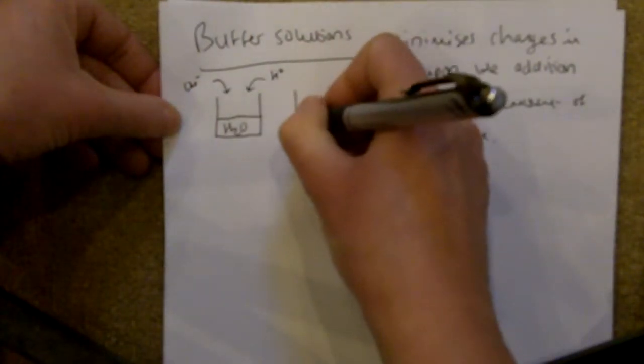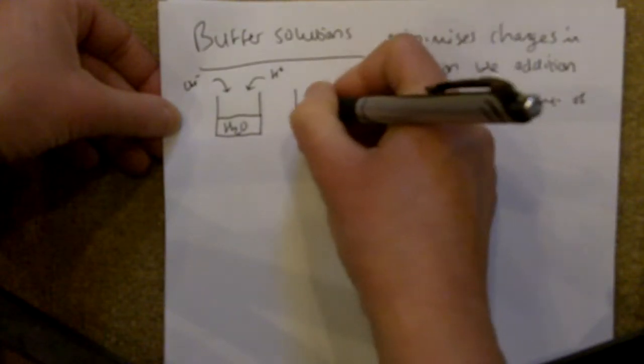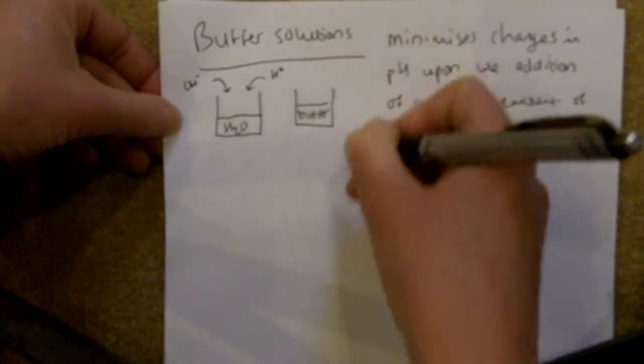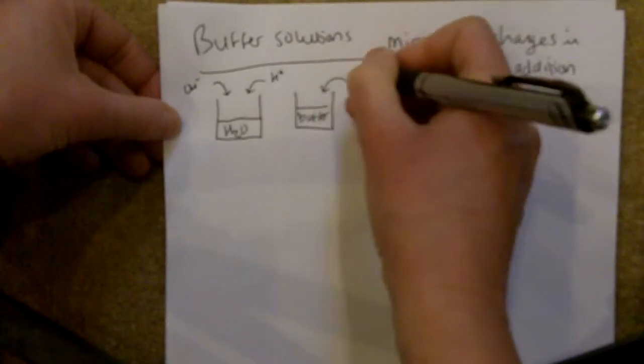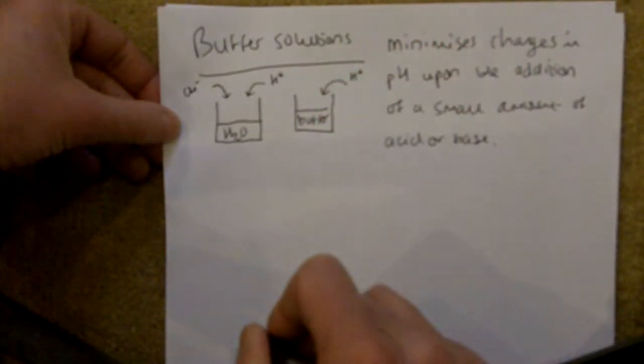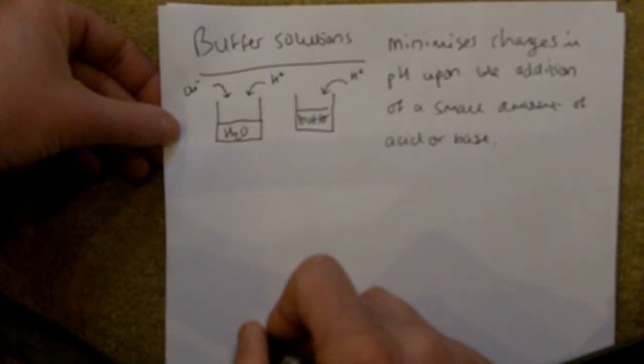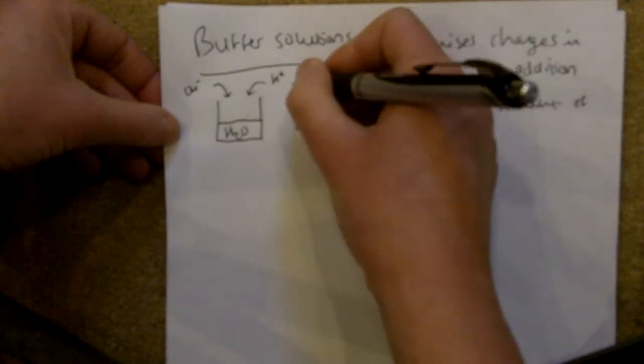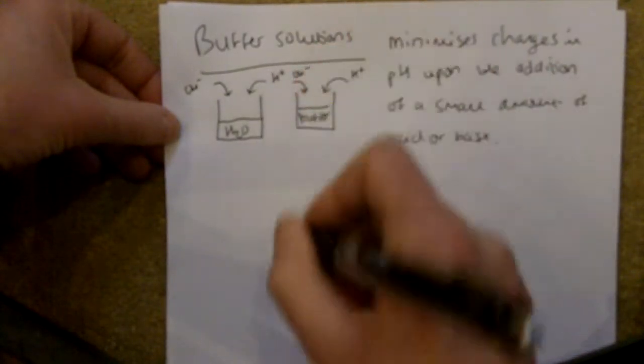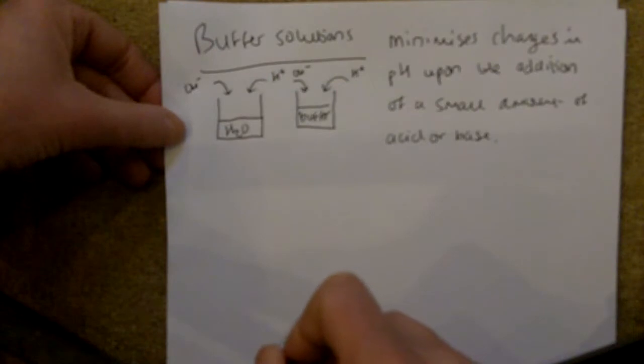But that doesn't happen when you have a buffer solution. If you have a buffer solution and you add some acid, the pH will change very, very slightly. And similarly with alkali, the pH hardly changes.